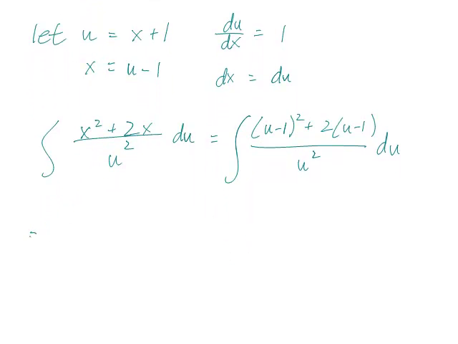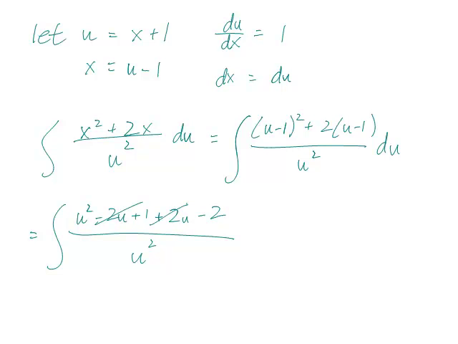If you just expand the top, that would be u squared minus 2u plus 1 plus 2u minus 2 over u squared. The minus and plus 2u's cancel each other out, du. So this is the integral of (u squared minus 1) over u squared du.